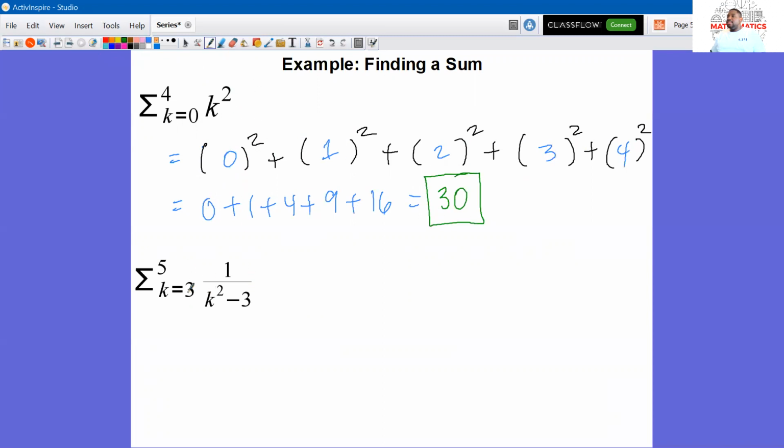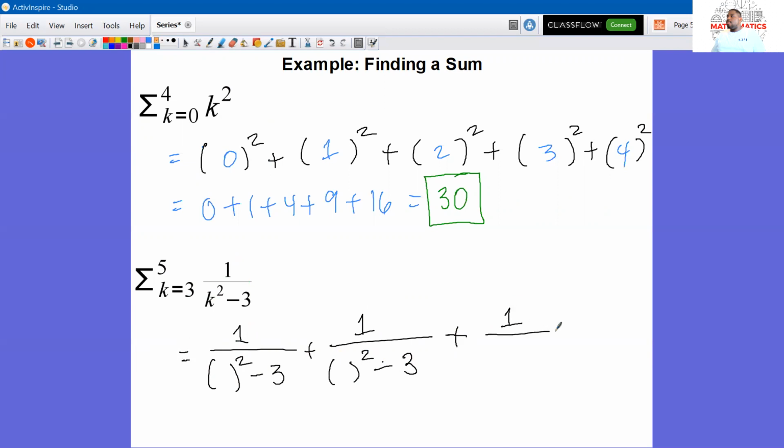Here they want us to find the sum from k equals 3 to k equals 5 of 1 over k squared minus 3. Same thing. Three, 4, 5. So this will be 1/5.